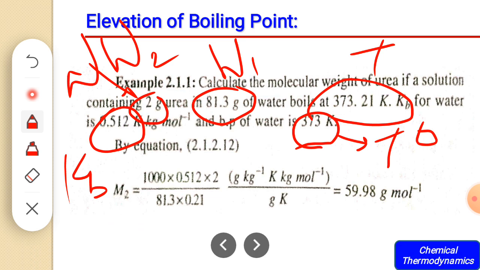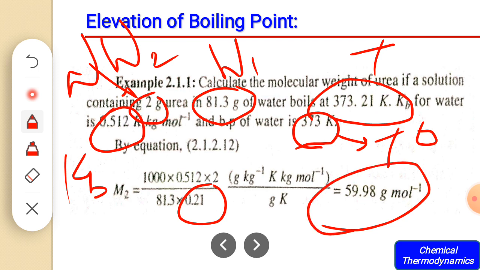The formula for the molecular weight of solute is M2 is equal to 1000 into Kb into W2 divided by W1 into delta Tb. Delta T is 373.21 minus 373, which becomes 0.21. By calculating all this, we get the molecular weight of solute as 59.98 gram per mole.